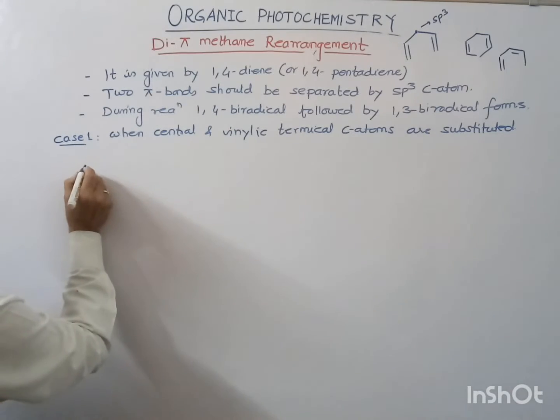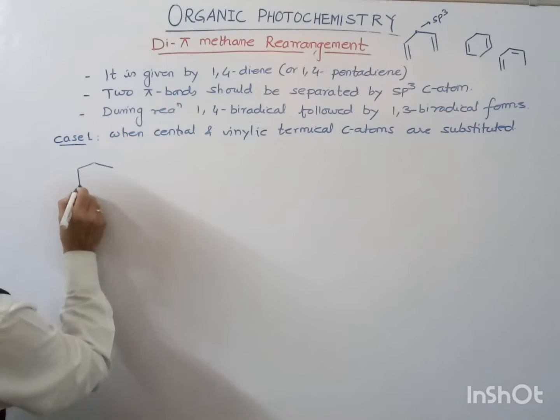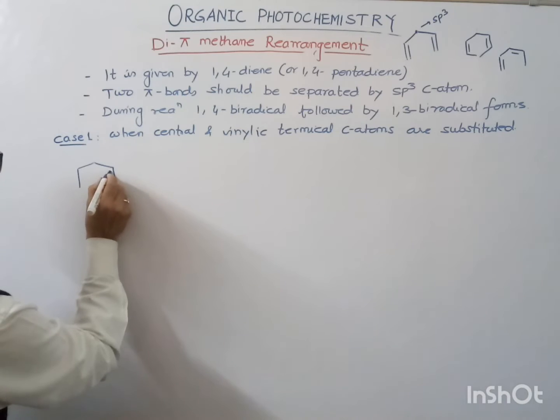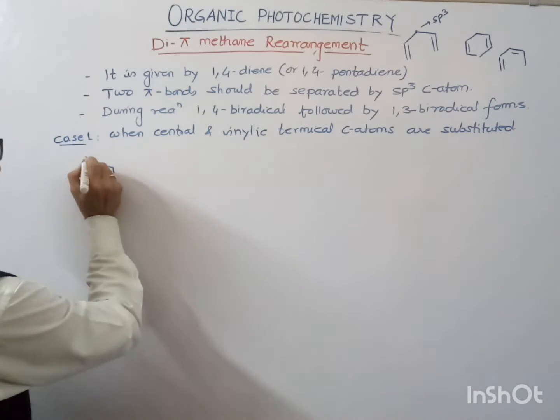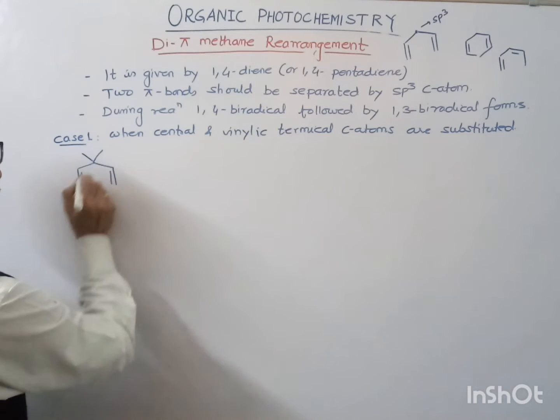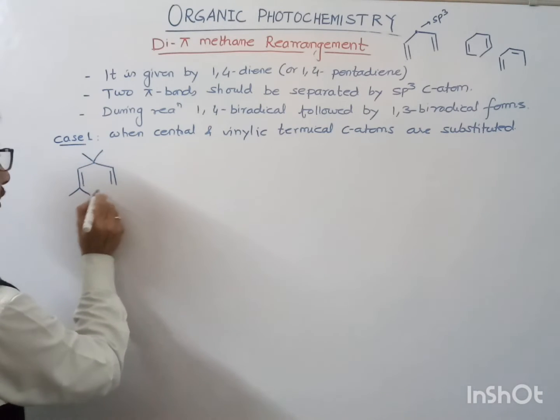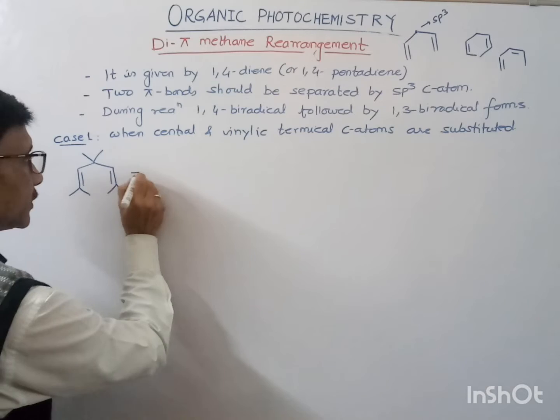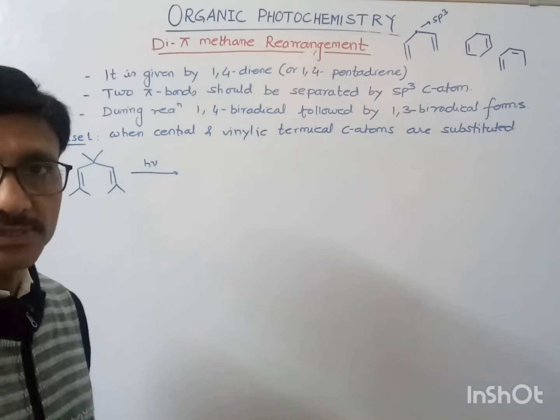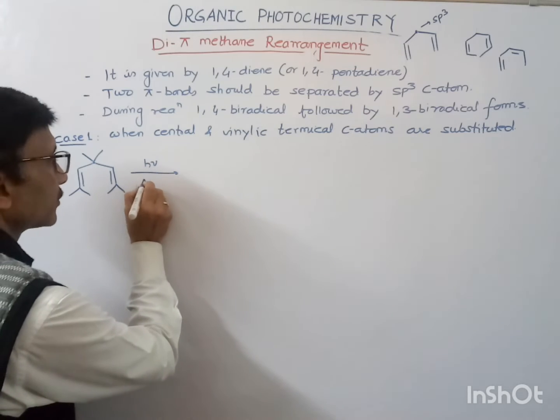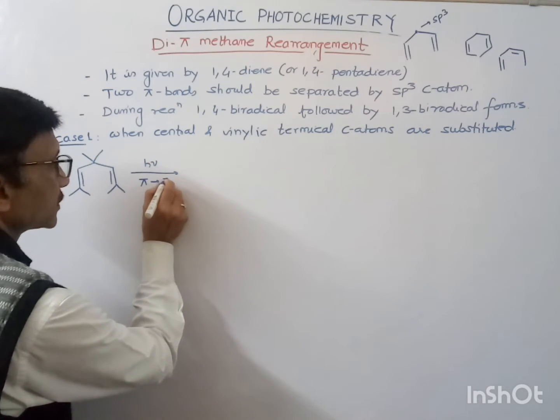For example, if we have this 1,4-diene, this central carbon atom is substituted, and these terminal vinylic carbon atoms are also substituted. If we irradiate it, since pi bonds are present, a pi to pi star transition takes place.